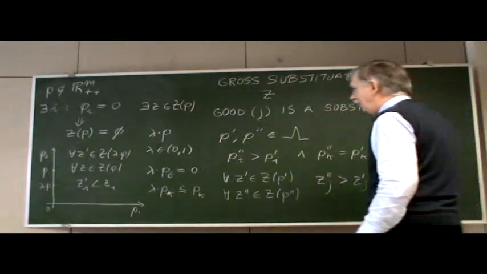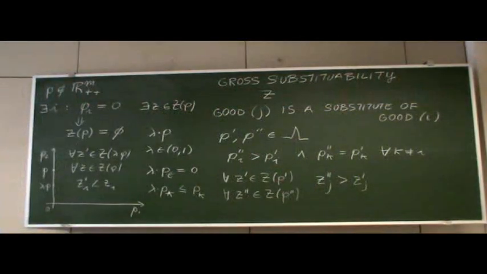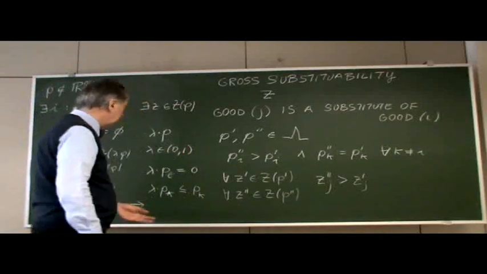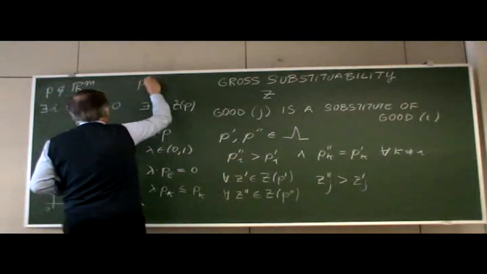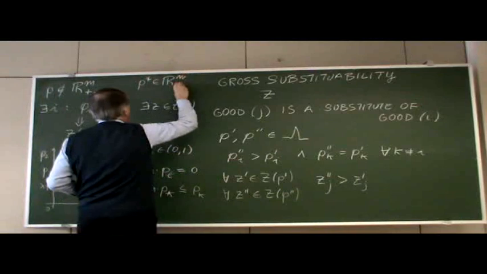This lemma has a straightforward consequence. If every good is a gross substitute to every other good, then in equilibrium, the price system must have all positive components.